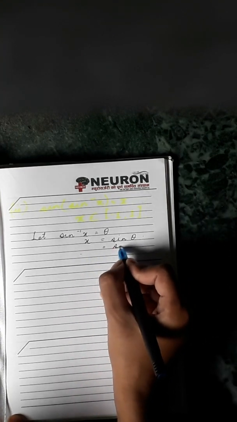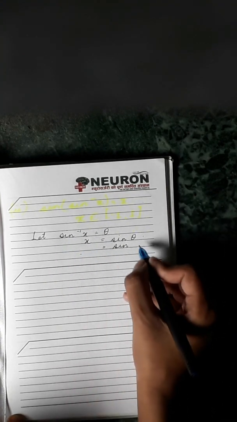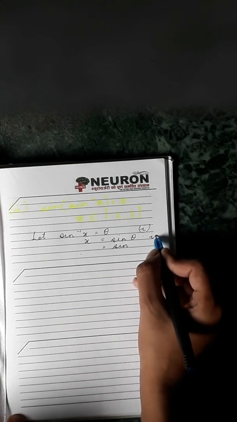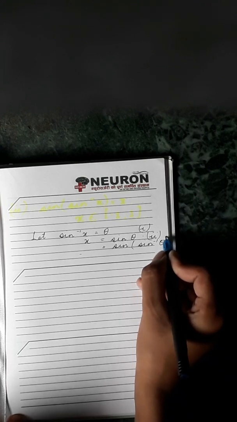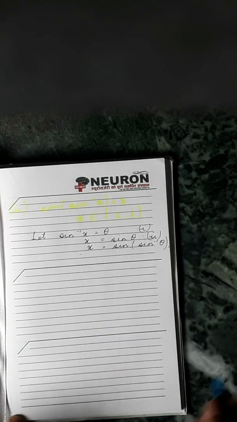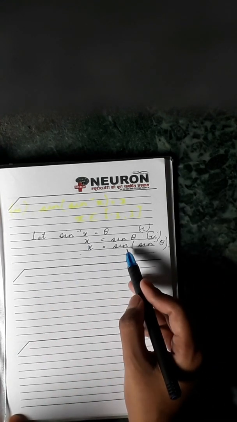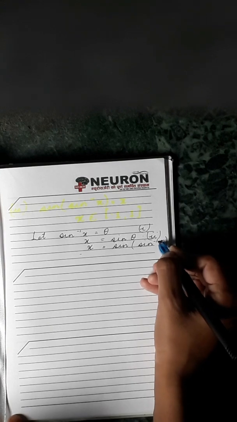Now, again in place of theta, can you write sine inverse x, which we let in the first step? Yes, you can. So see, what did you get? x is equal to sine of sine inverse x. This is the property.